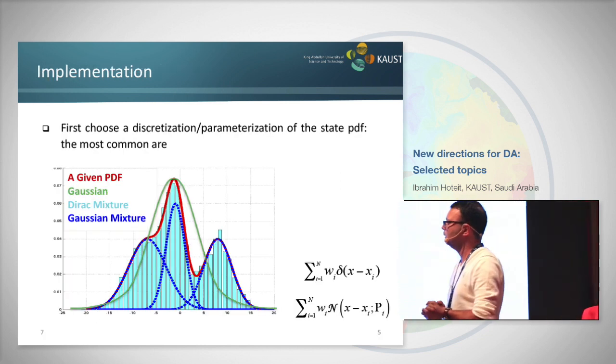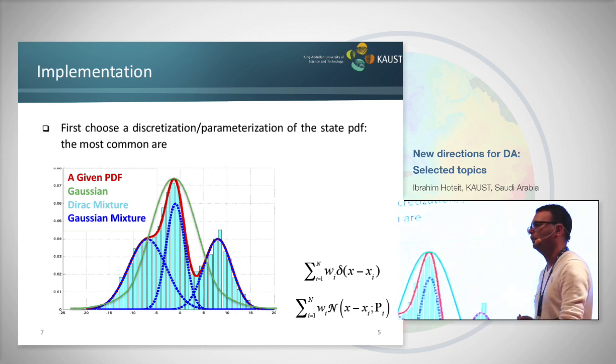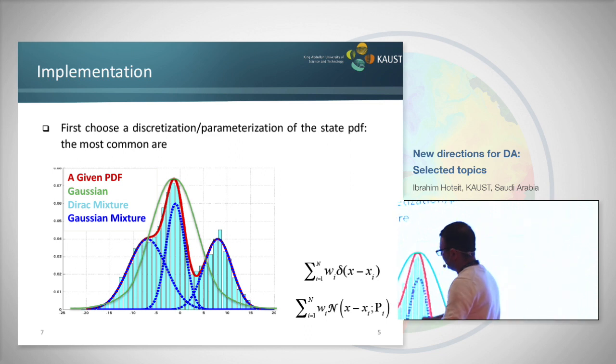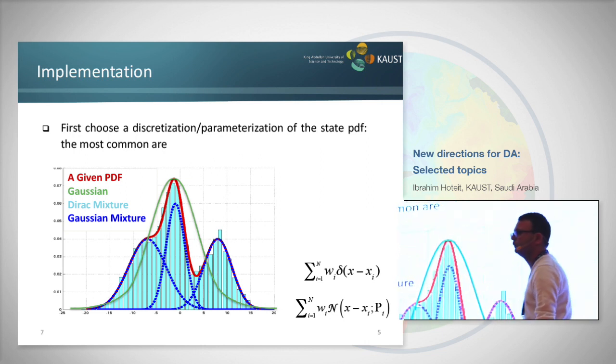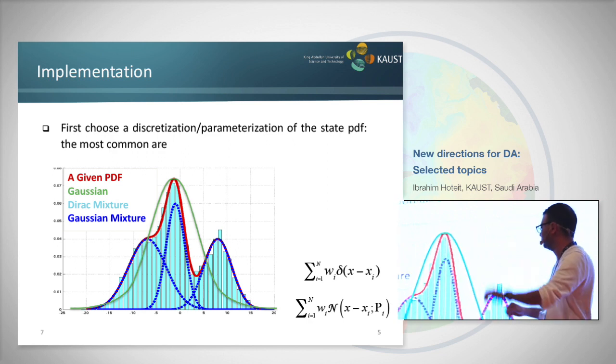Okay, so just to give you an example, take this optimal filter we talked about before. I'm updating PDFs. Okay, and I want to implement it. To implement it, we need to discretize it. So in the eNKF, we assume that it is Gaussian. Okay, the red is supposedly the PDF that is non-Gaussian.